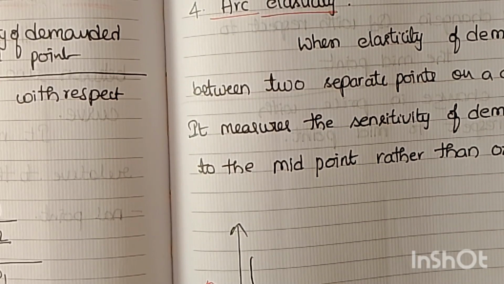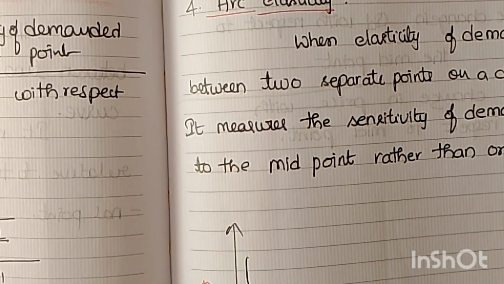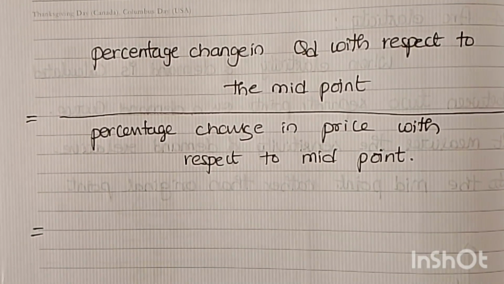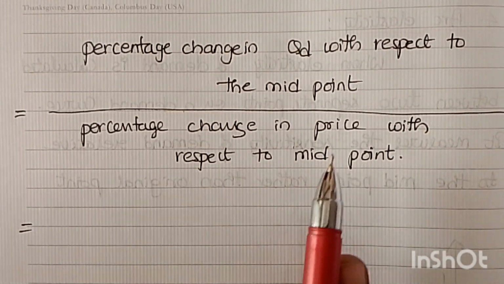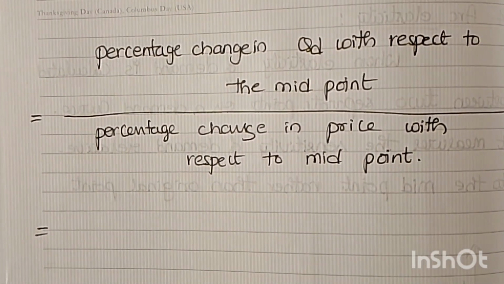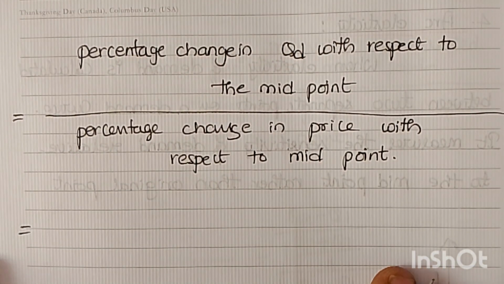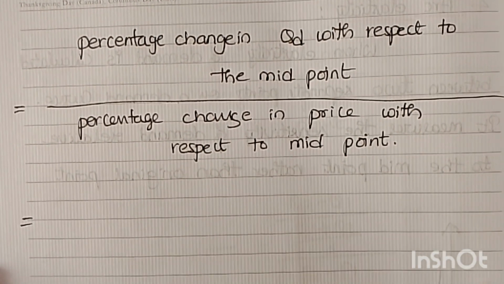So what is the formula for arc elasticity? That is percentage change in quantity of demand with respect to the midpoint by percentage change in price with respect to the midpoint.